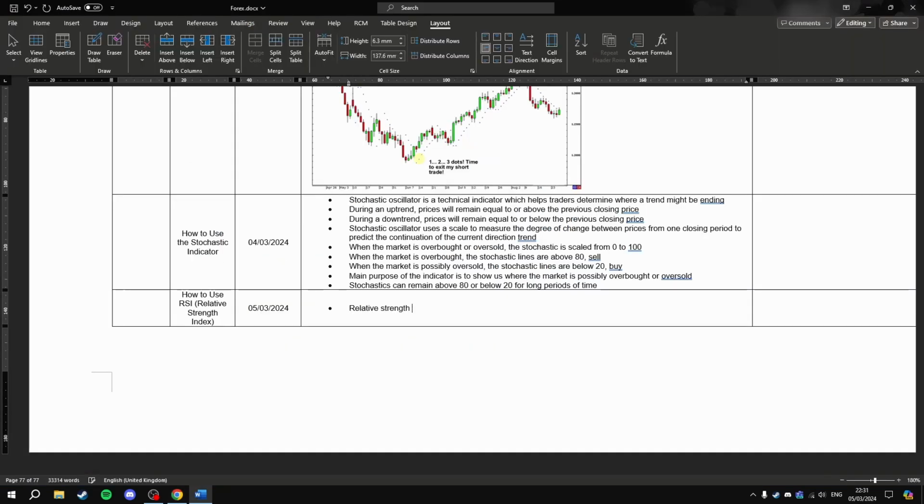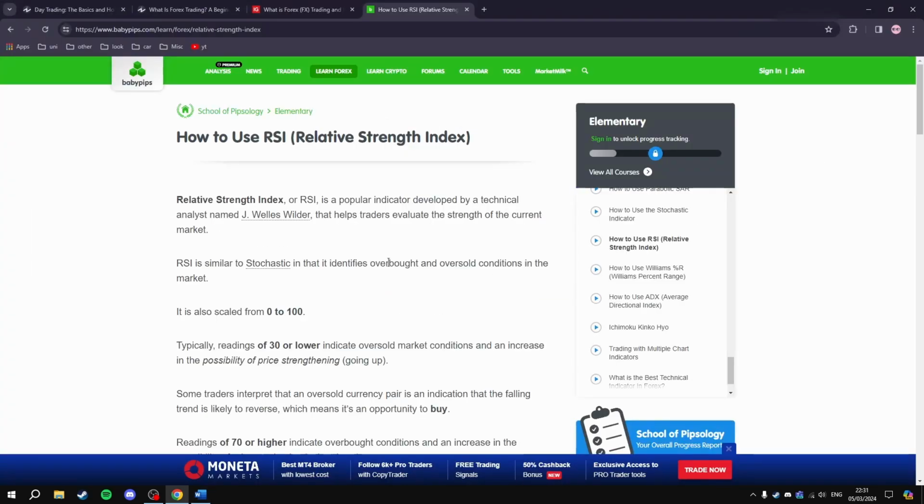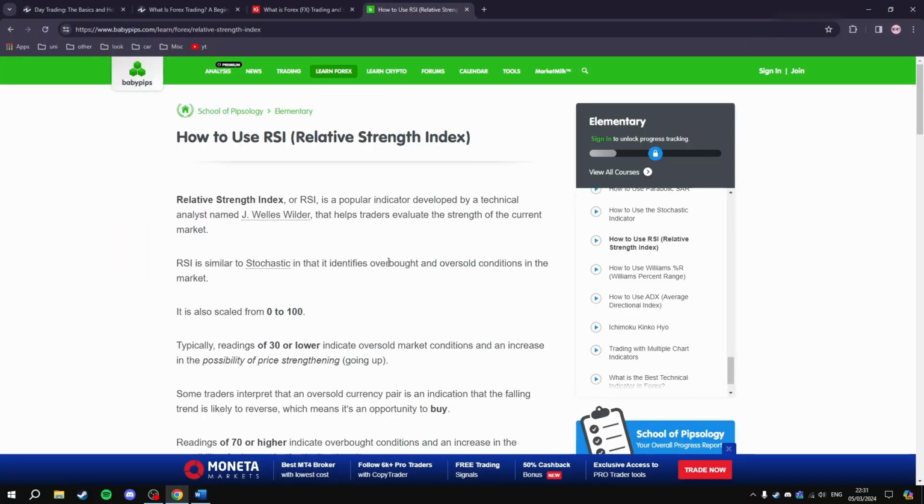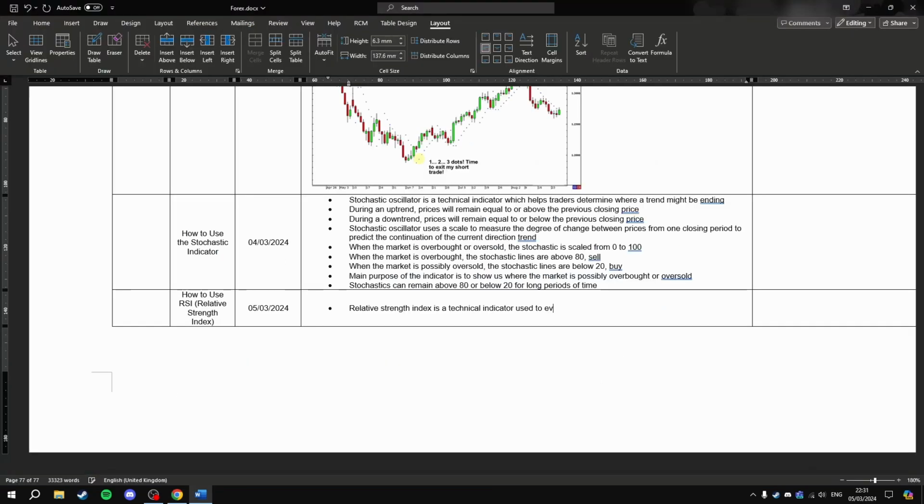Relative Strength Index is a technical indicator used to evaluate the strength of the current market.